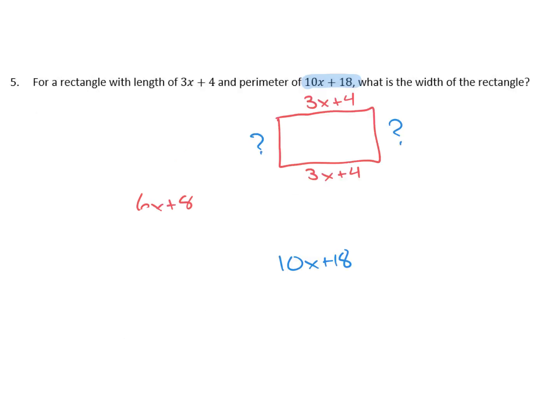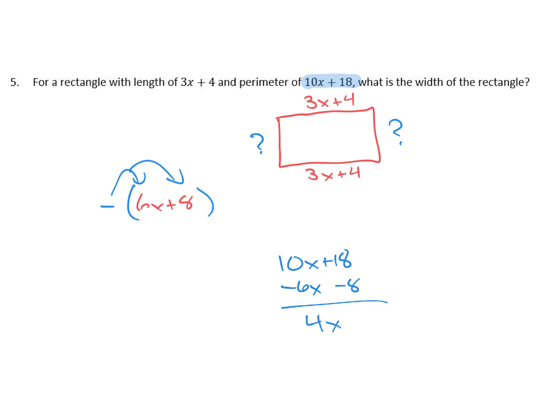So again, draw a rectangle. We know two of our sides are 3x plus 4. So we can add them together to get our 6x plus 8. Now, if we know that the perimeter was 10x plus 18, remember, we are subtracting out this total. So we're looking to distribute, rewrite.